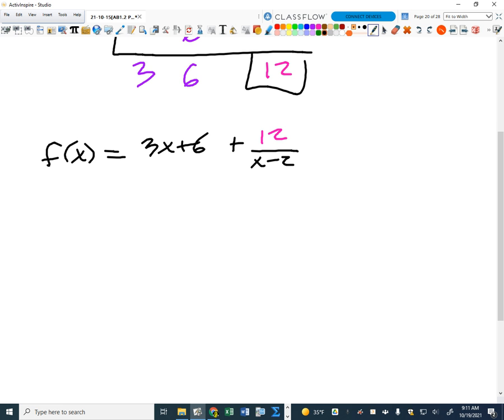I guess I should have just done that all at once. What's the limit of 3x plus 6 plus 12 over x minus 2 as x approaches plus or minus infinity? Well, what happens to this term if x approaches plus or minus infinity? It goes to 0, yeah, right?